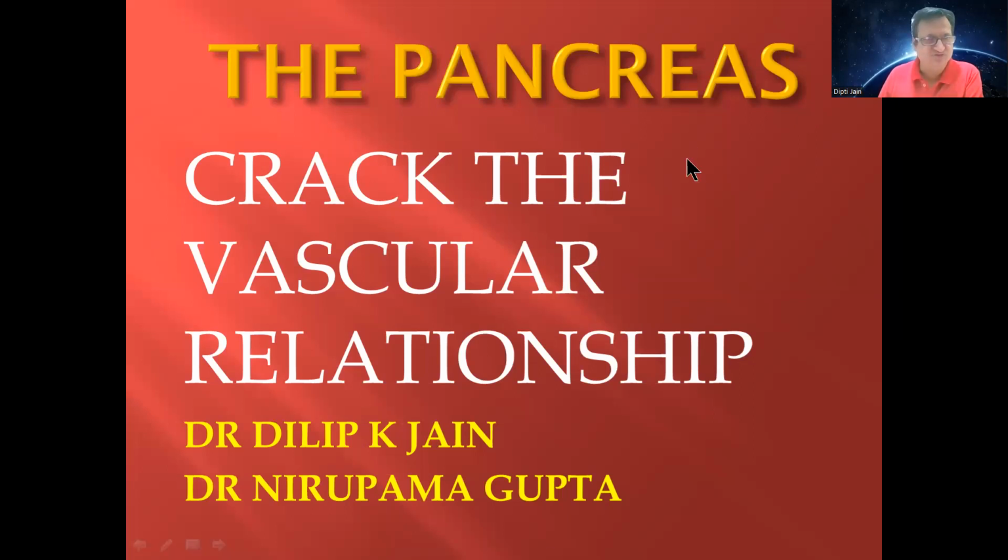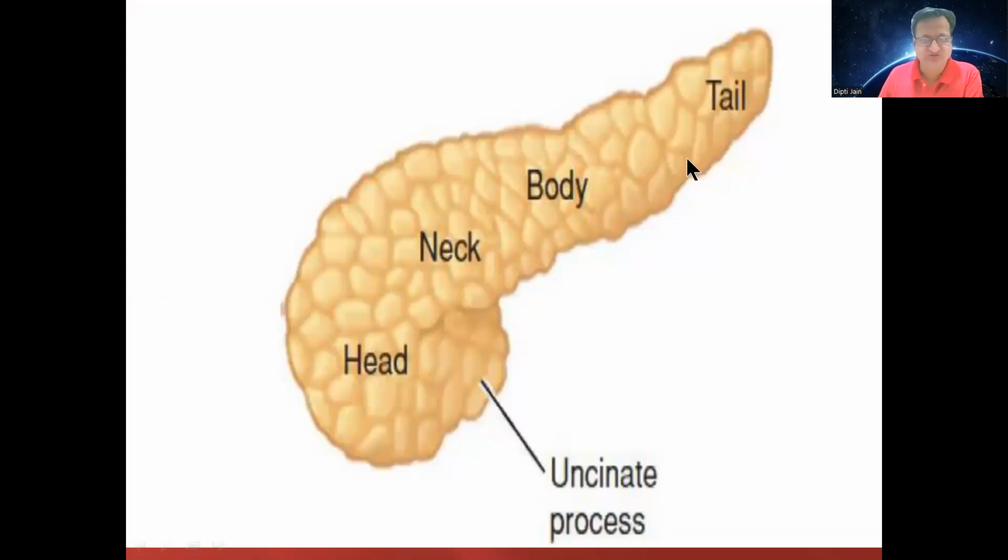Let's start today's session. So this is pancreas and there are four parts of the pancreas: head, neck, body and tail. And the orientation of the pancreas is slightly oblique in the body, with the body most anterior and head and tail slightly posterior.